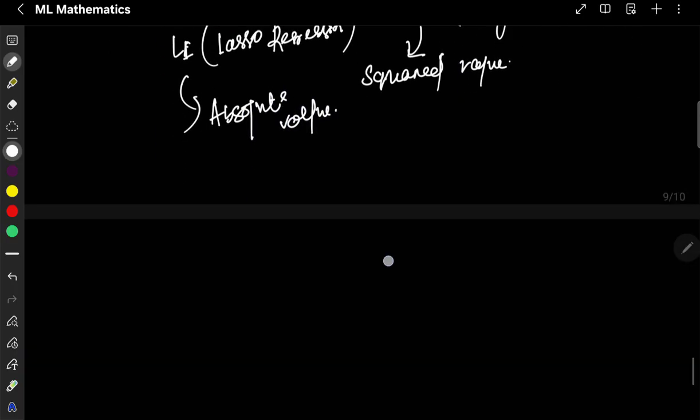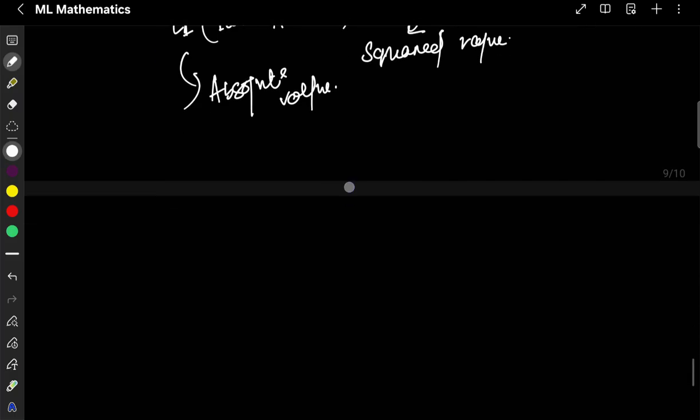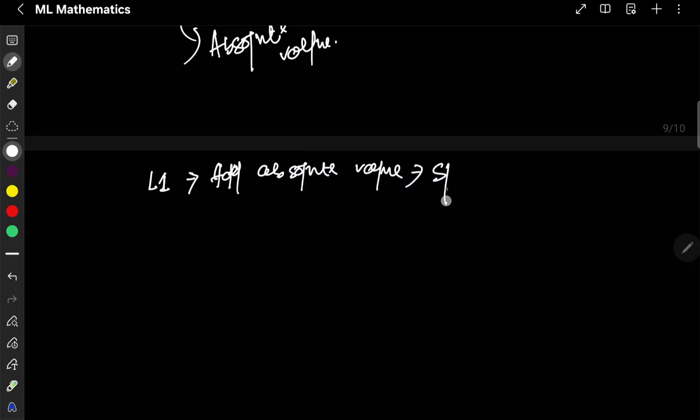The thing is, it is pretty easy to understand. Slowly we'll connect these things with your machine learning concepts and mathematical concepts. It's really needed, that's why I'm telling you. In the easiest way I can say, when you have L1, you add the absolute value, and with more experience you will get a sparse model.